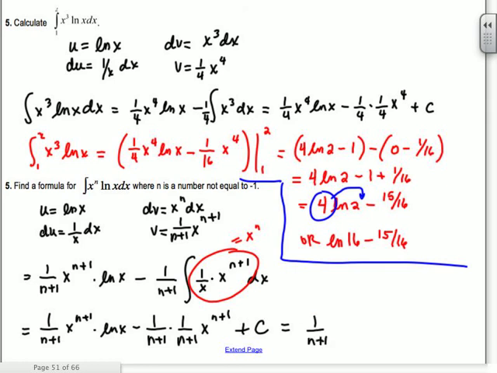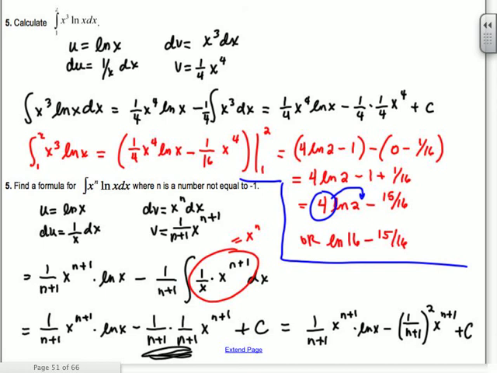So you get 1 over n plus 1 x to the n plus 1 times natural log of x minus, we would really combine these, so 1 over n plus 1 squared x to the n plus 1 plus c. That would be the type of formula that would be in the back of your book.